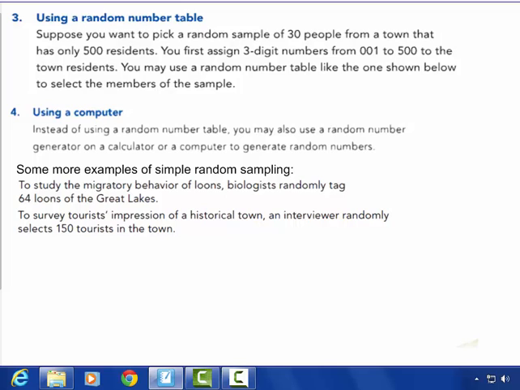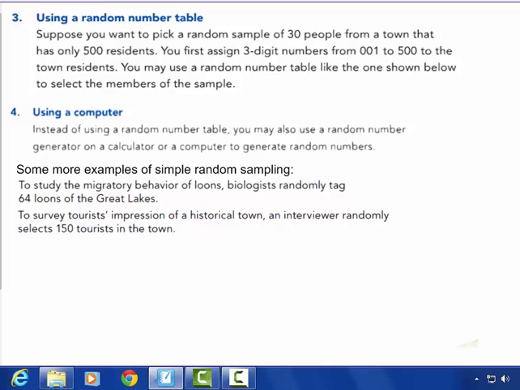So, some more examples of good simple random sampling. To study the migratory behavior of loons, biologists randomly tag 64 loons on the Great Lakes. They're not picking only ones that are on Lake Erie or only ones that are on Lake Huron or only loons that stay on the Ontario Beach Park at Lake Ontario.